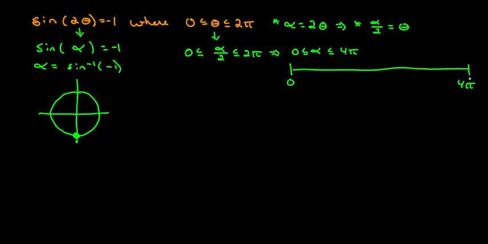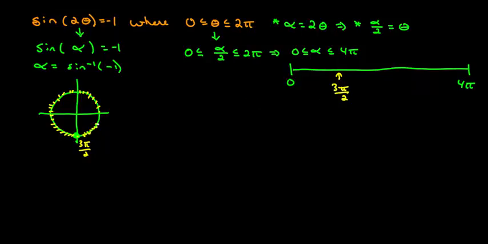So let's start walking around the circle. Starting at 0, I'll keep going until I hit the spot. This happens at 3 pi over 2. So here's 3 pi over 2.